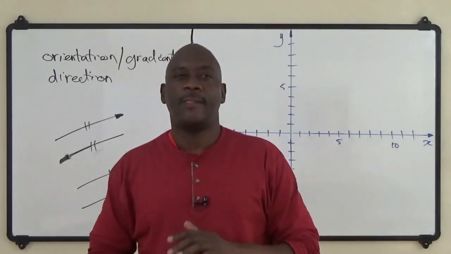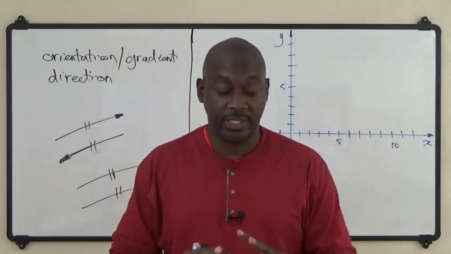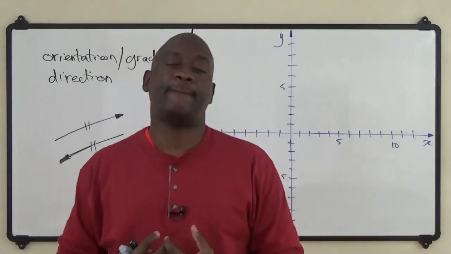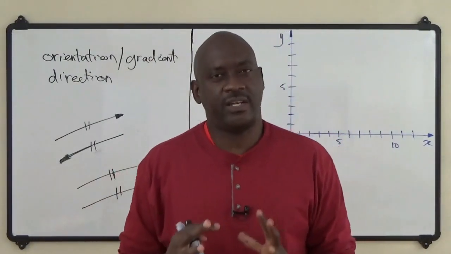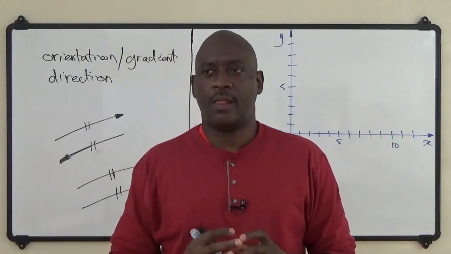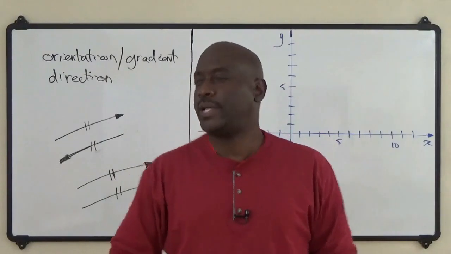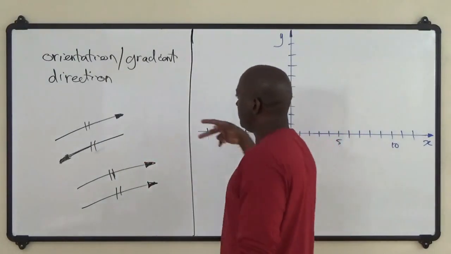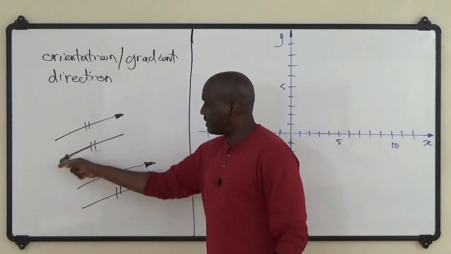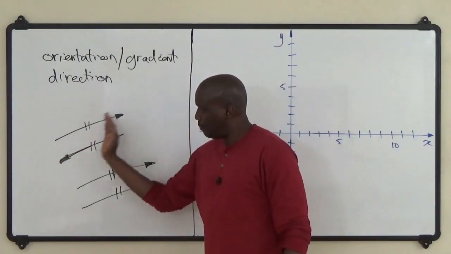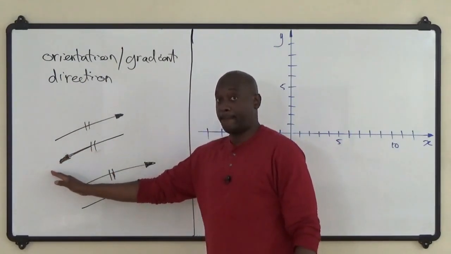So in other words, if we're talking about coordinate geometry, we talk about the gradient of a straight line. We don't normally use the word gradient when we're talking about vectors, but you could use it in your own thought process where you're talking about two vectors. Let us assume that the directions are opposed to each other.